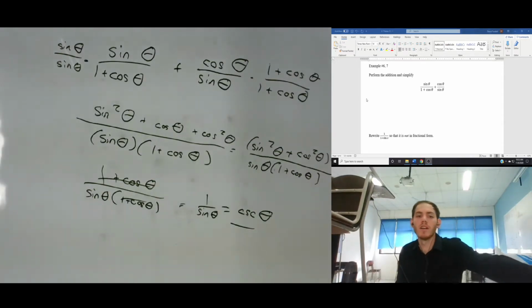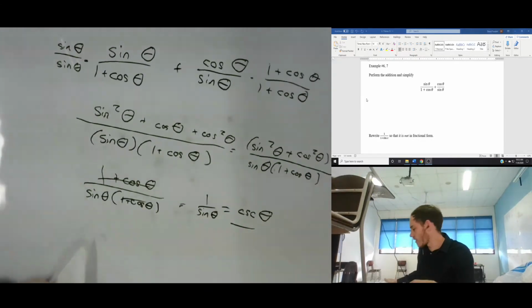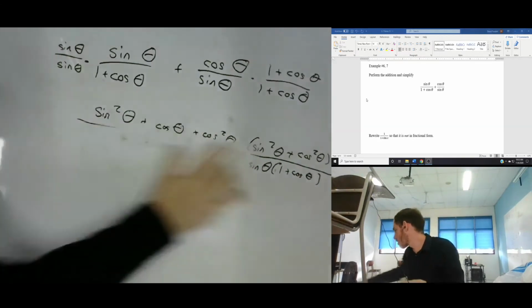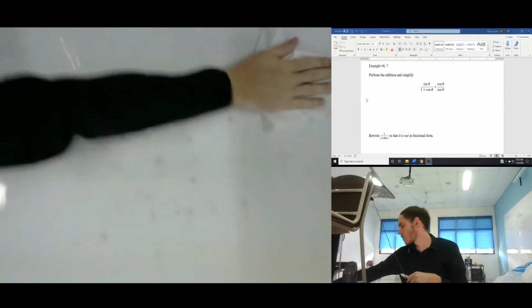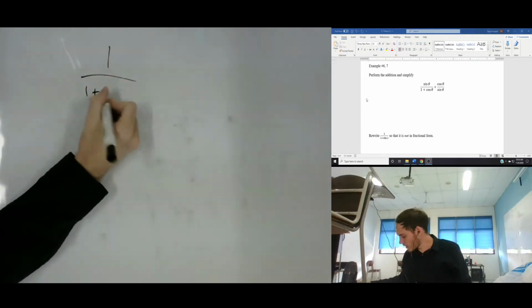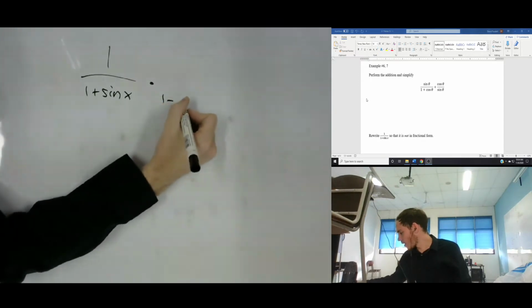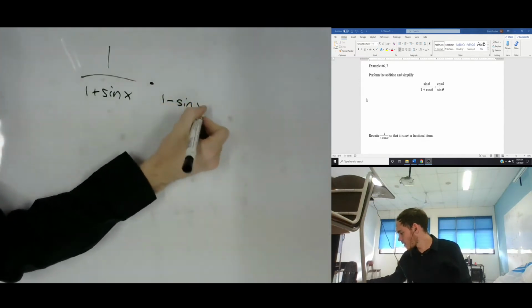Write 1 plus 1 over sine of x as a single fraction, not a function. So we're going to do this real quick. So 1 over 1 plus sine of x. So you can multiply both by 1 minus sine of x.